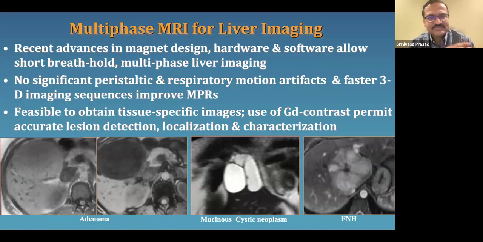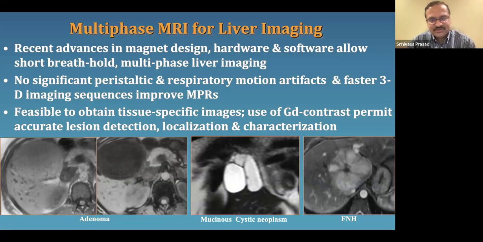Parallel to the advances in CT, we have excellent advances in both hardware and software, as well as the design of the magnets, that allow us to do short breath hold, multi-phase liver imaging. We can obtain faster scans, even with patients who have difficulty holding their breath. We have other techniques to get better images, as well as dynamic post-contrast imaging.